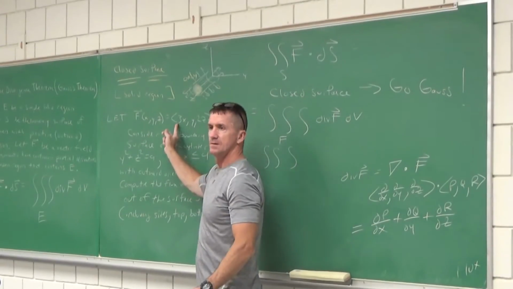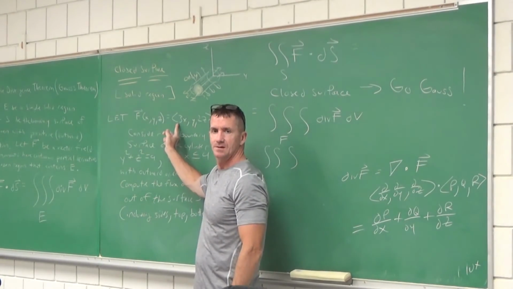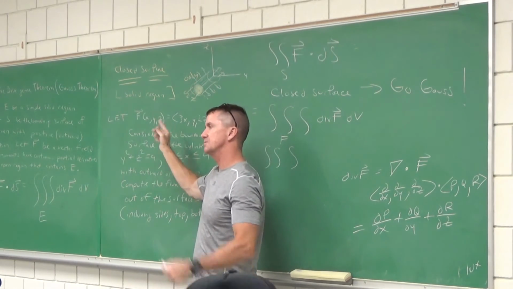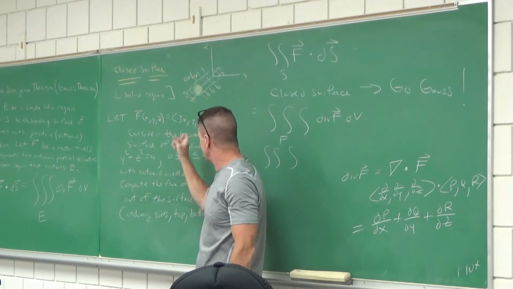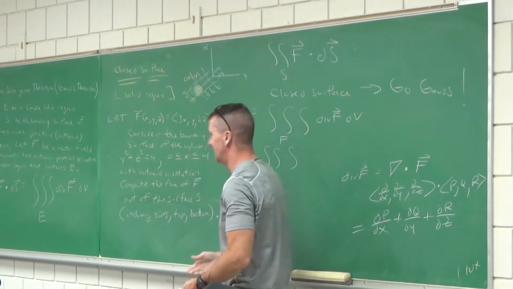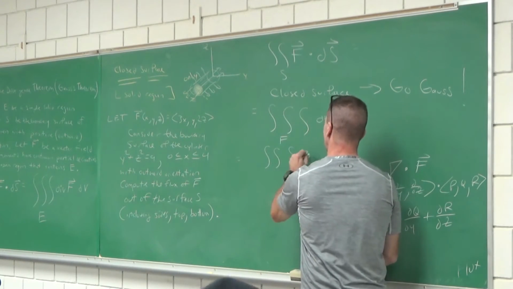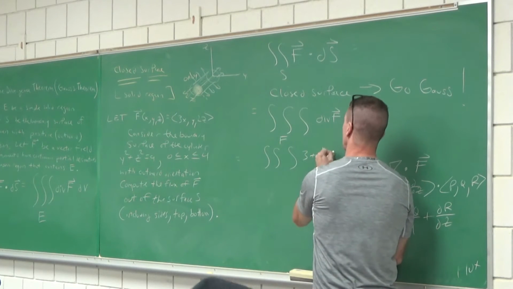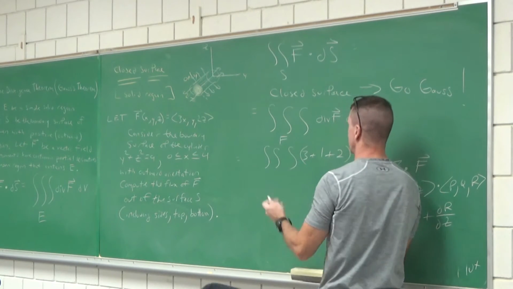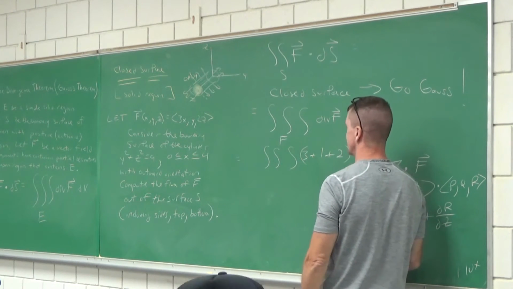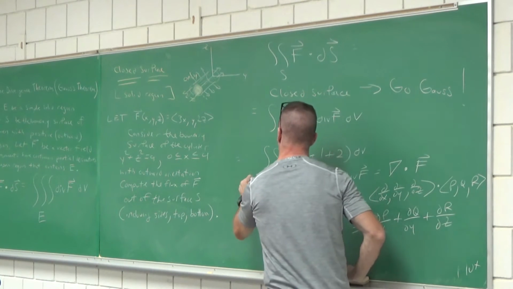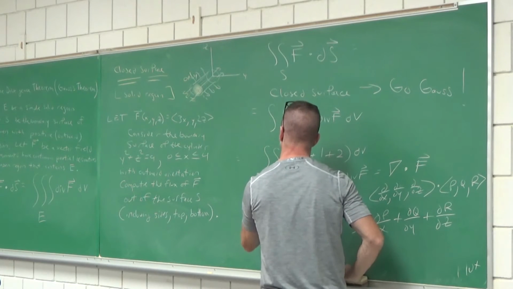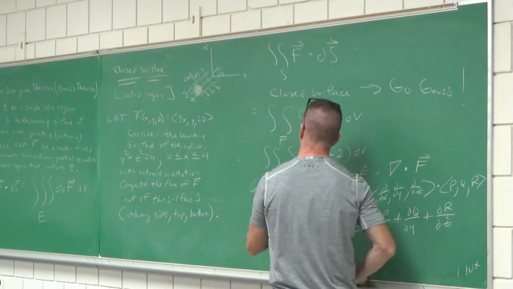You ready? I know you can do this in your head. What's the derivative of x with respect to x? Plus the derivative of that with respect to y plus the derivative of that with respect to z. I get 3 plus a 1 plus a 2. My gosh, it's a nice simple divergence. Easy. All right. So I get a 6 times a triple integral, here's E. Now I get that.